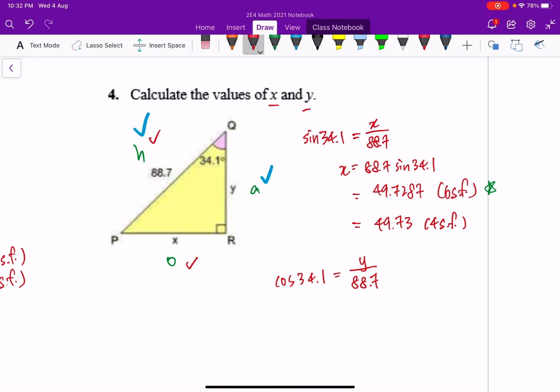Okay, so I would know that then y is equals to 88.7 cosine 34.1.